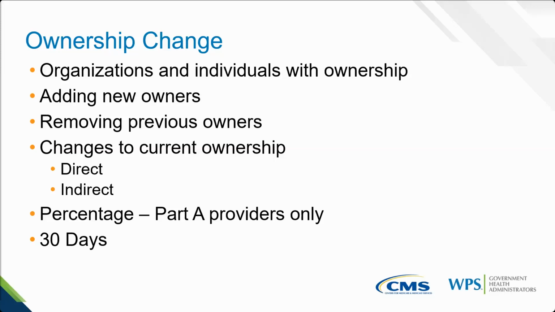The other kinds of ownership changes that can occur, and these are typically involving a 51% or more change in ownership. So if one entity has been purchased by another organization, and that new organization is going to have ownership transferred to them, and they are taking over the provider's Medicare identification number, that PTAN, or the CMS certification number for Part A, also known as the CCN.